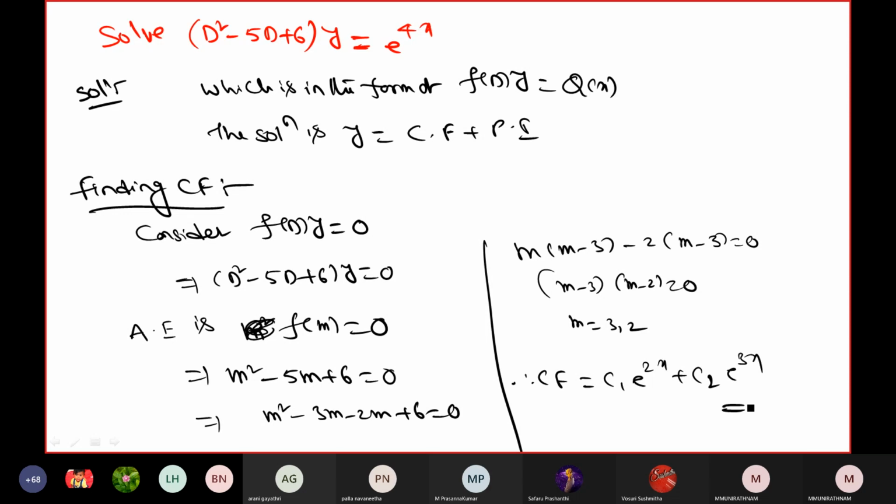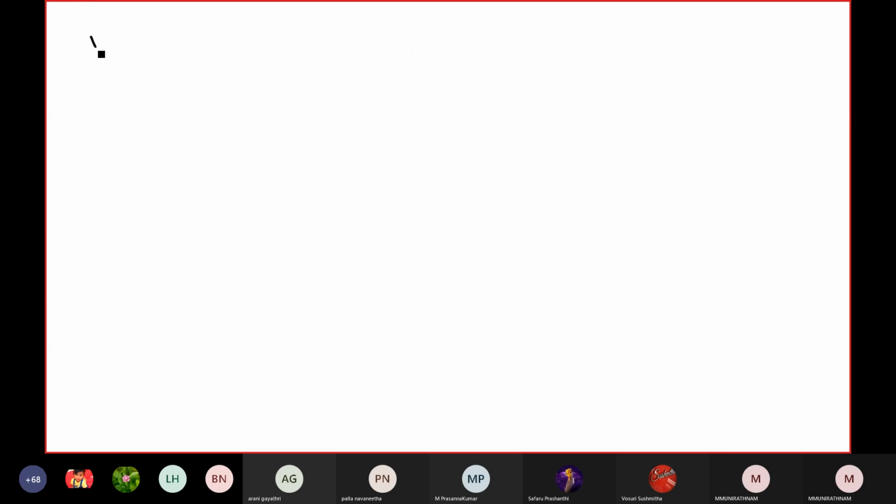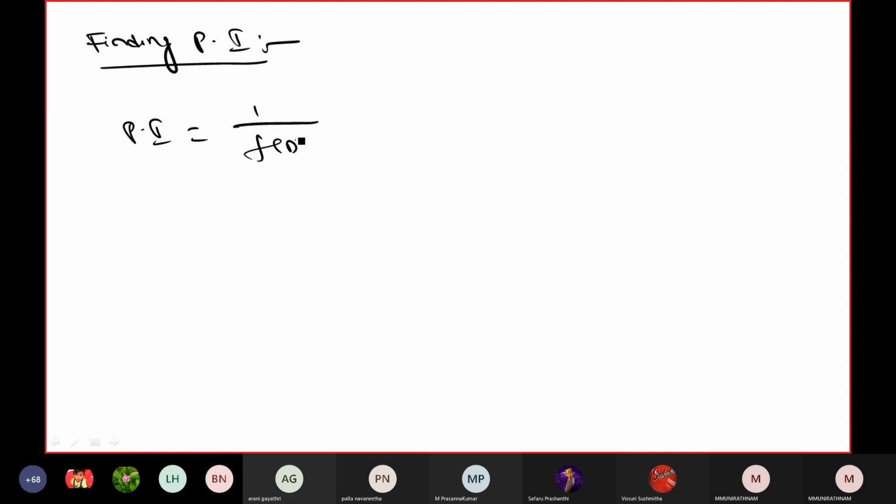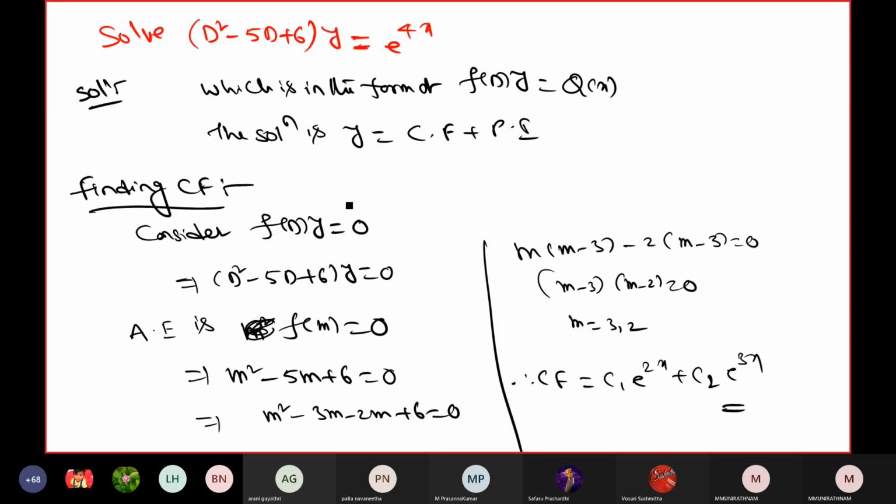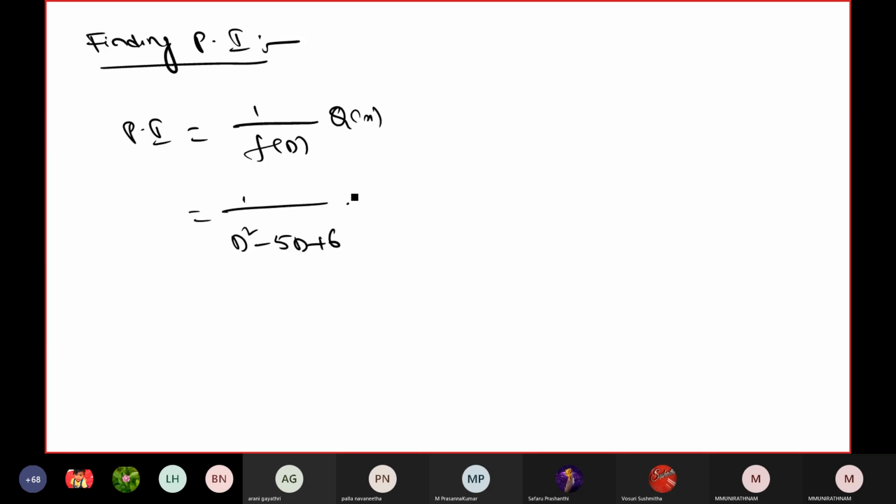Now we go for PI. It is 1/f(D) Q(x), where Q(x) is e^(4x). In case of e^(ax), what do we do? Replace D by a.